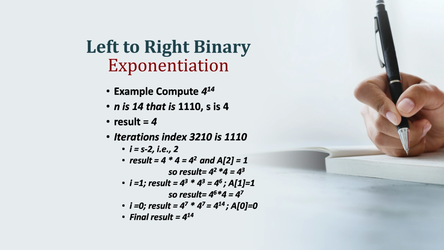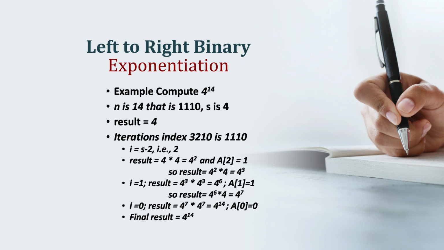So at 2, first we will double it, okay? So we will square it, right? 4 into 4, so it becomes 4 square. Since A2 is 1, we will multiply it by A another time. So this becomes 4 to the power 3 or 4 cube. Now i equals 1, once again we need to multiply again.